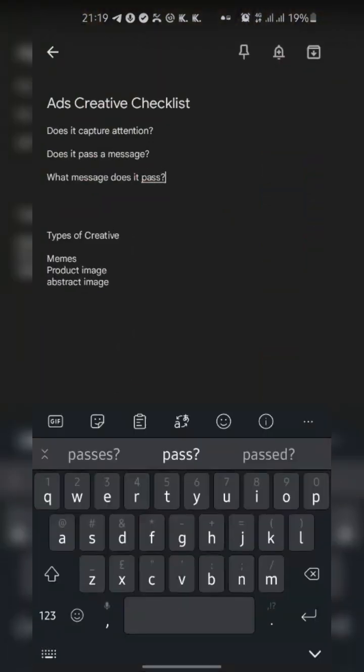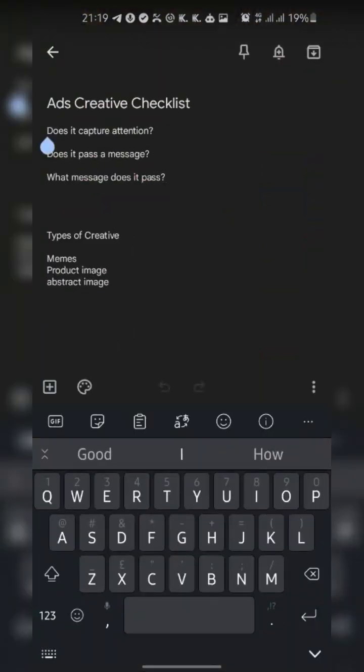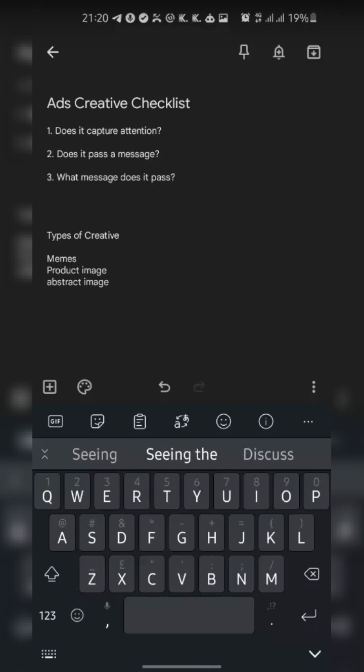So the first thing here is, does it capture attention? That's the first thing that is here, right? So now, to know how good a creative is, it has to capture attention.